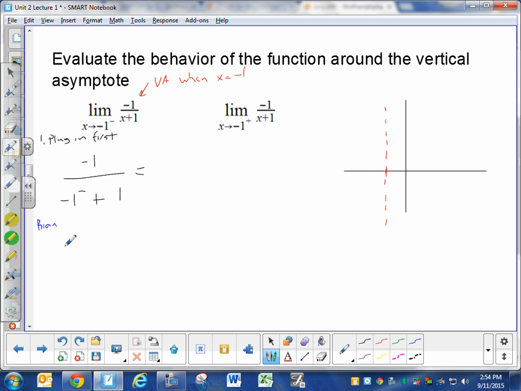What I'm going to do is draw a number line, and I'm going to make sure I understand what a number to the left of -1 is. So I'm thinking of a number line. I got 0, -1. -1 from the left would be right there. That would be like -1.0001. Okay, I got that.